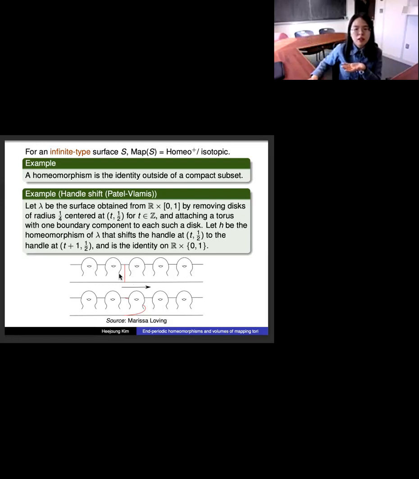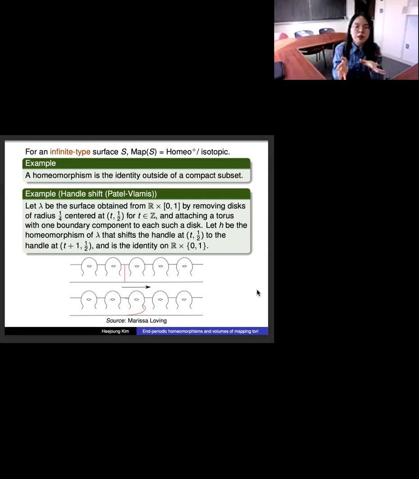Something like this. Then let H be a homeomorphism of lambda that shifts the handle at (t, 1/2) to the handle at (t+1, 1/2) and is the identity on the boundaries. So this is the picture: this curve goes to this curve when we apply the handle shift homeomorphism. We just shift the handles.